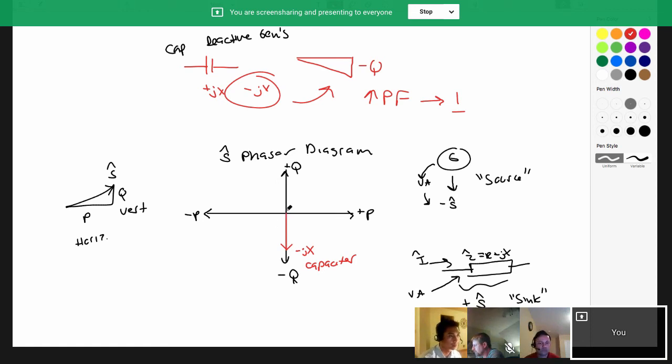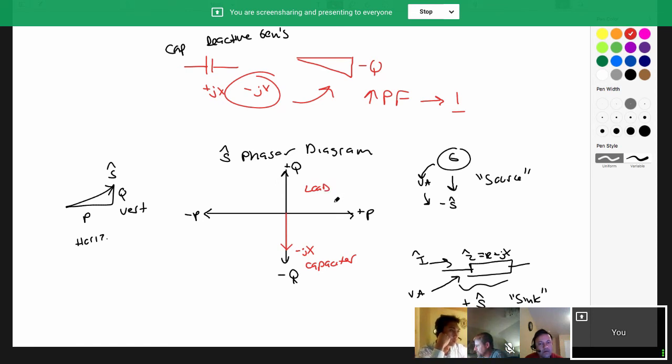How about if I had something in this quadrant? If I had a plus P and a plus Q, would that be a source or a load? I've got a positive P and a positive Q. Is that a load? Load. Great. Is that load leading or lagging?